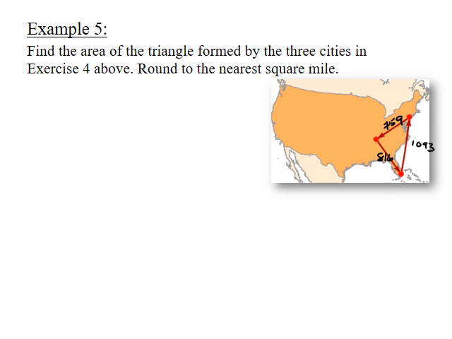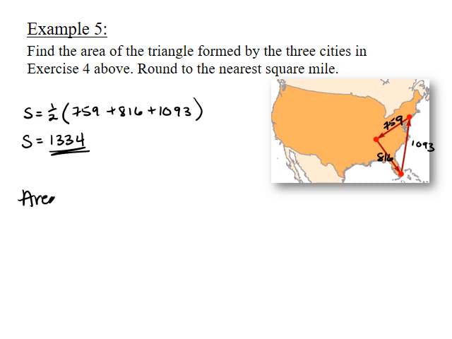So the first thing I need to do is find S, and S is found by taking half of the sum of those values. So we will add these up and then divide by 2. And when we do, we find that S is 1,334. That is not the area, but that will help us find the area.